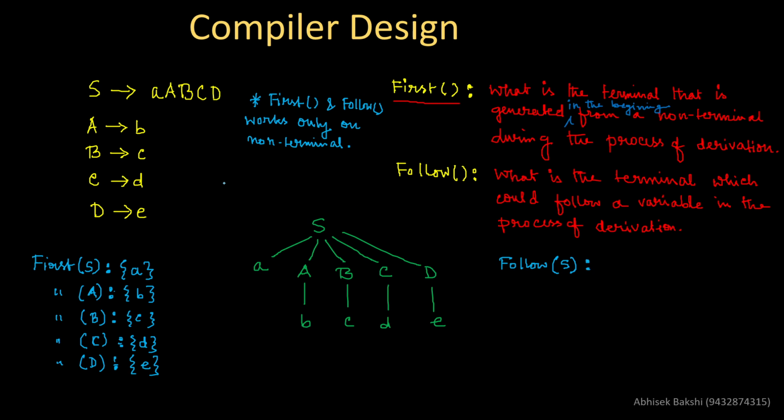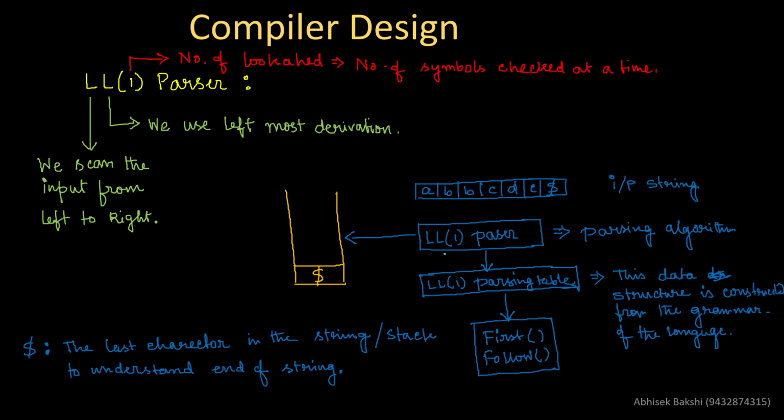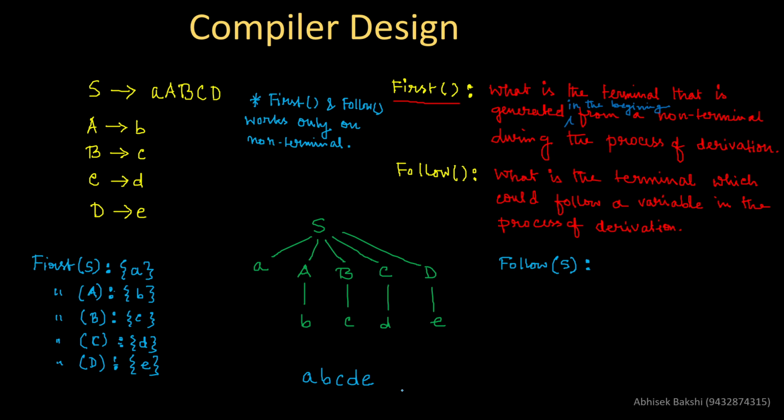Always remember one thing: from this grammar, whatever string is generated, basically the string that is generated here is A, B, C, D, E. Now according to the LL1 parsing algorithm, we have seen that there is a dollar over here at the end, right? So I must have a dollar here. Now the whole thing is basically generated from capital S somehow.